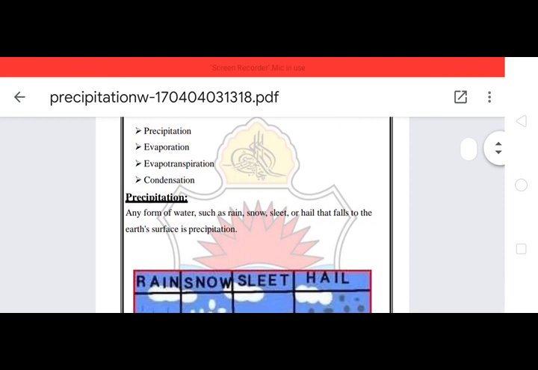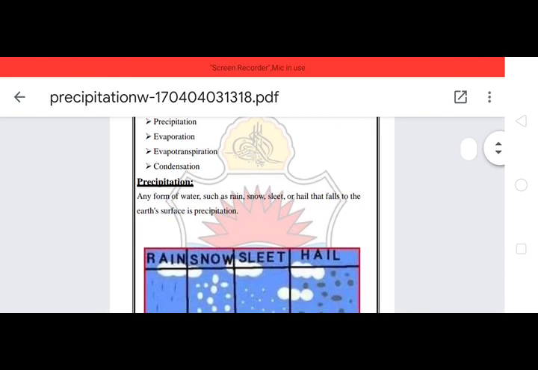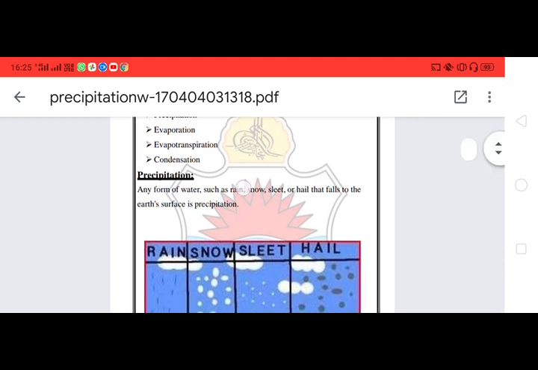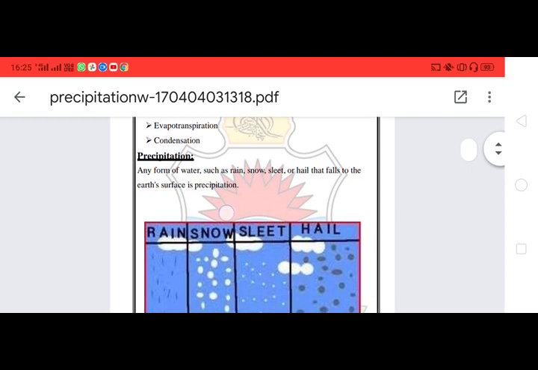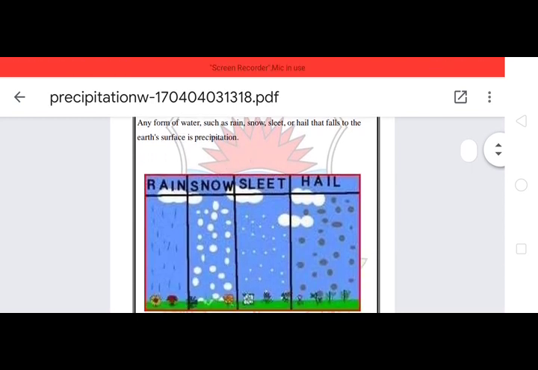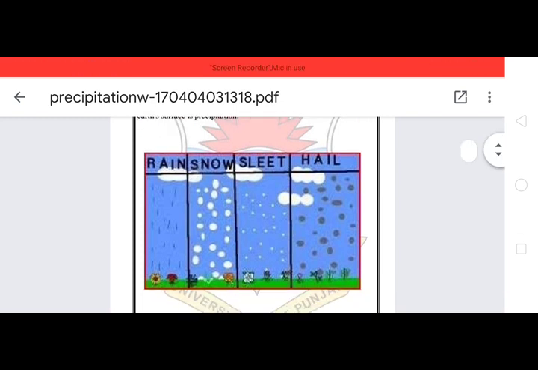So what is precipitation and what are the types of precipitation? Any form of water such as rain, snow, sleet, hail that falls to the earth's surface is precipitation. As you can see in some pictorial representations of precipitation as rain, these water droplets are small in size.